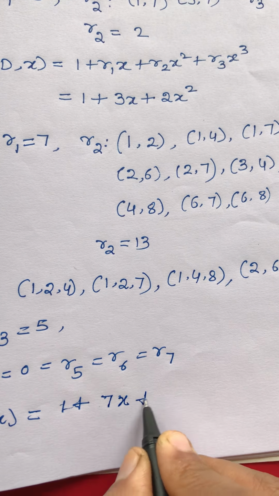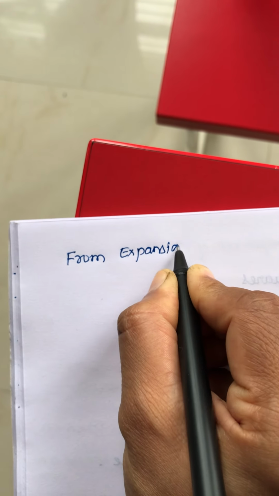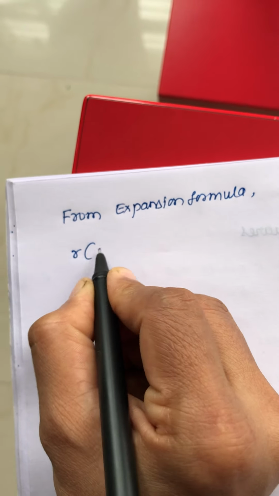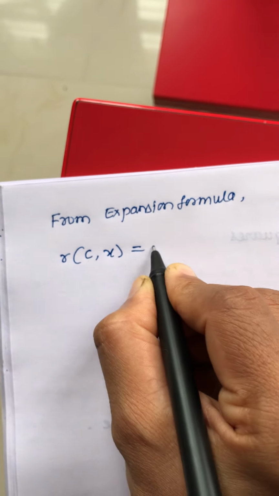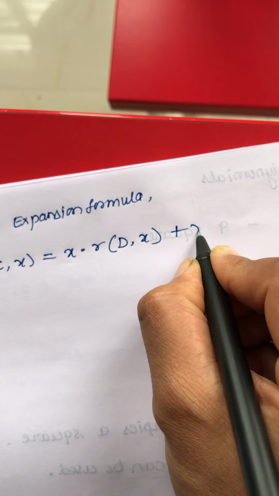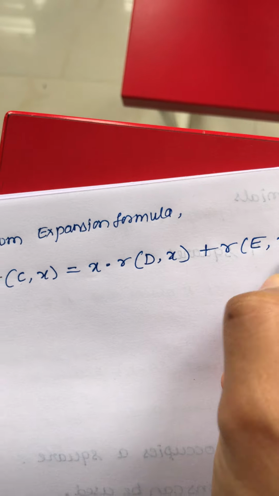Okay, now from the expansion formula, we have R of C comma x is equal to x into R of D comma x plus R of E comma x.